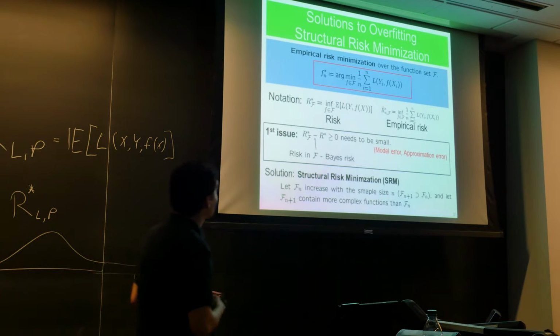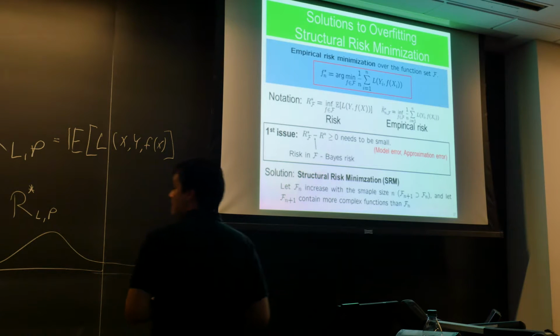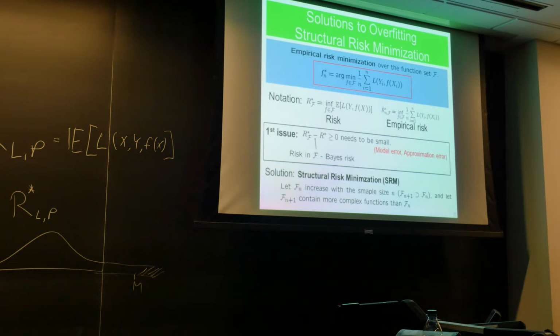Okay, so the notation will be this: R star F will be the minimum of the risk, the true risk, in this function class F.